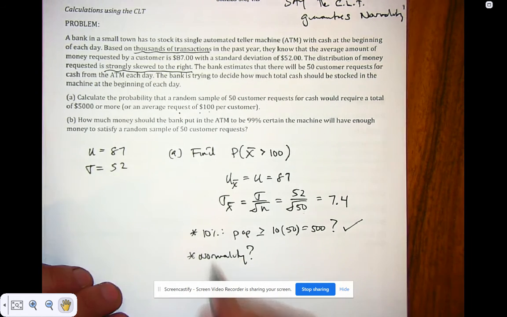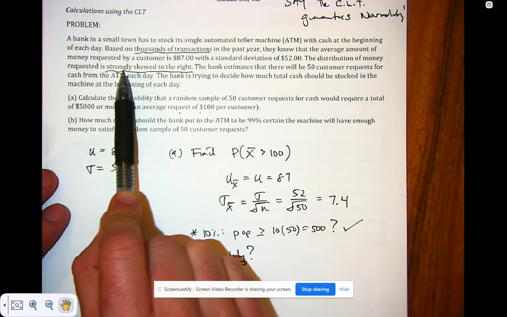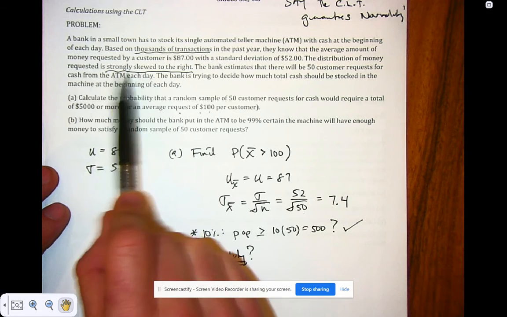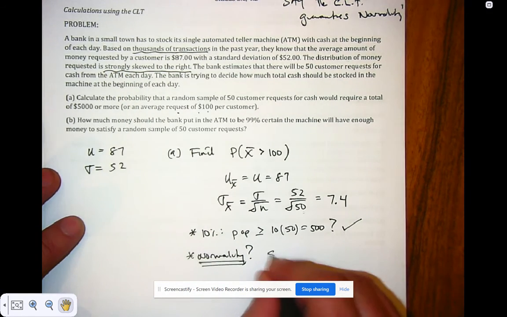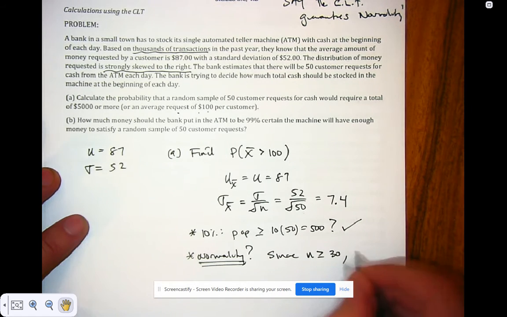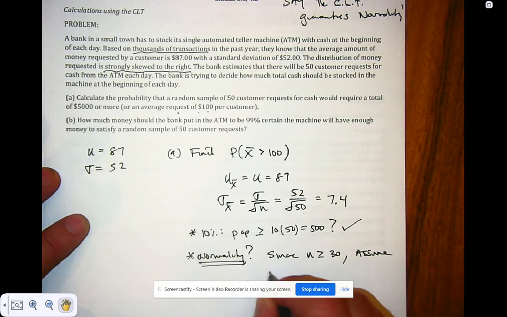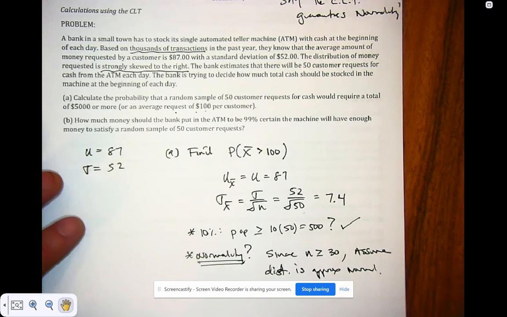This is the big one. Did they tell me that the population is approximately normal? No, they did exactly the opposite. They said it's strongly skewed to the right. But you can say, yes, since my sample size is greater than or equal to 30, we can assume the distribution is approximately normal. Now you're home free, you guys.